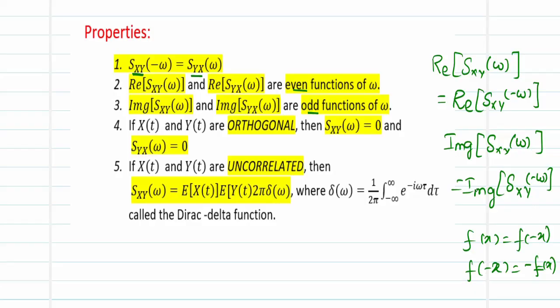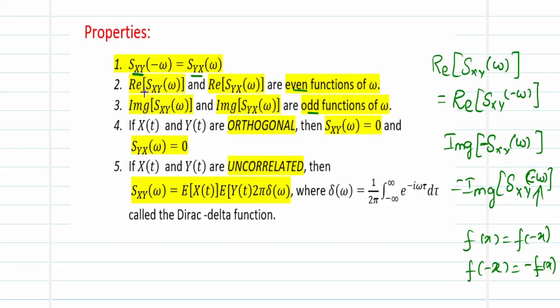So for the imaginary part, if omega is replaced with minus omega, a minus sign gets outside of this. This becomes minus Sxy of omega.